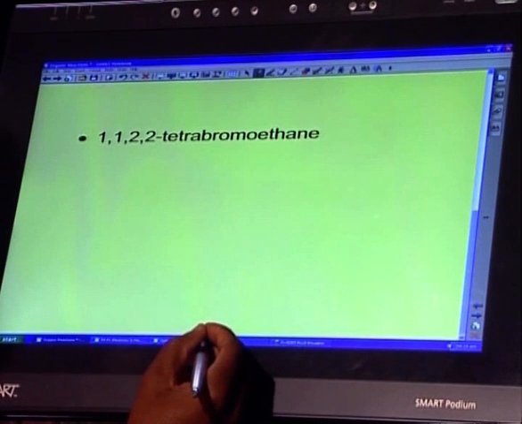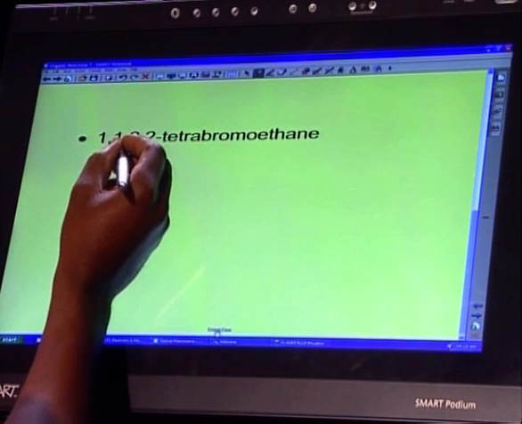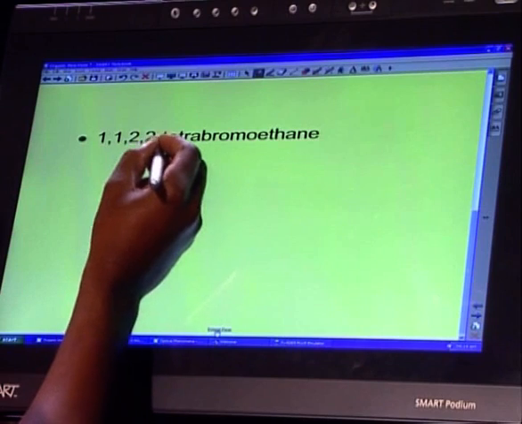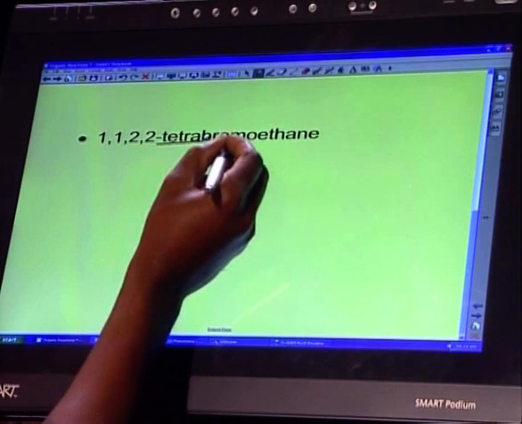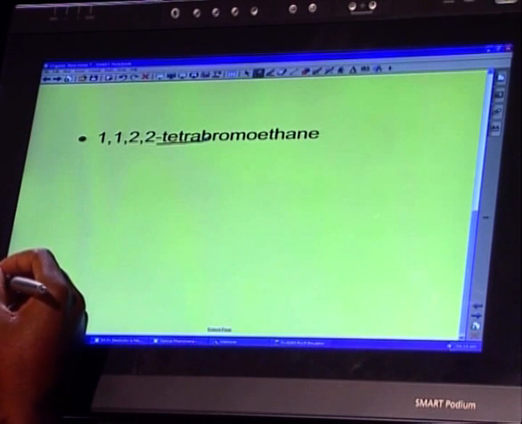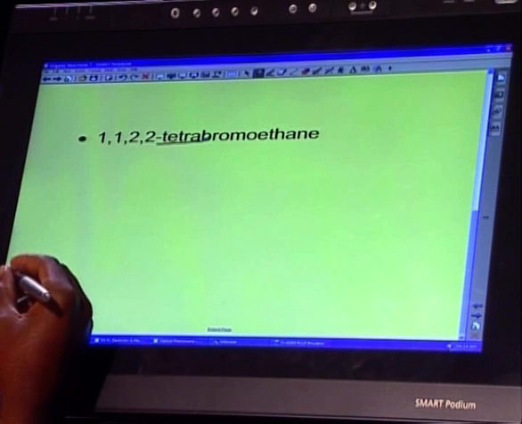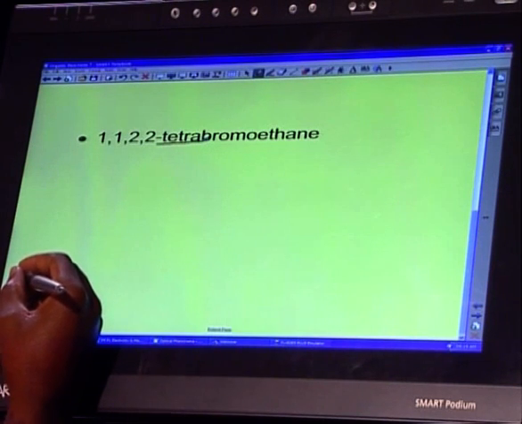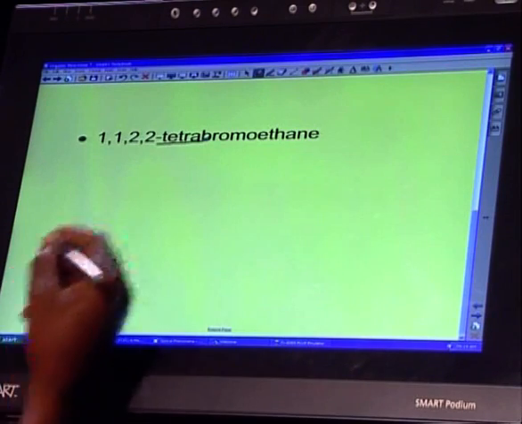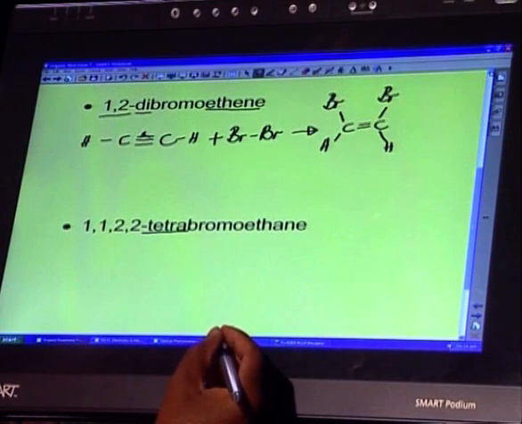Lastly, 1,1,2,2-tetrabromoethane. Now, what is going to happen here? Tetrabromoethane, where will it be coming from?